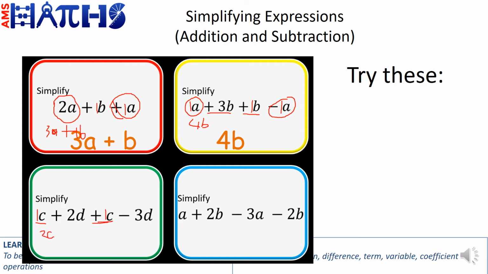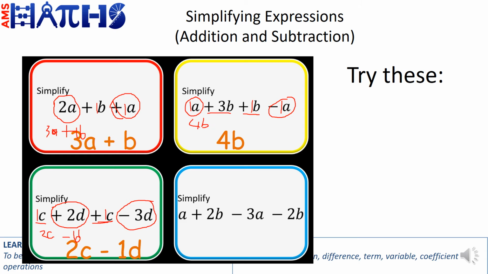Then we work on the D's, a positive 2D, and we need to subtract 3D. So it is 2D minus 3D. 2 minus 3 is minus 1. So we get minus 1D. Our answer is 2C minus 1D.